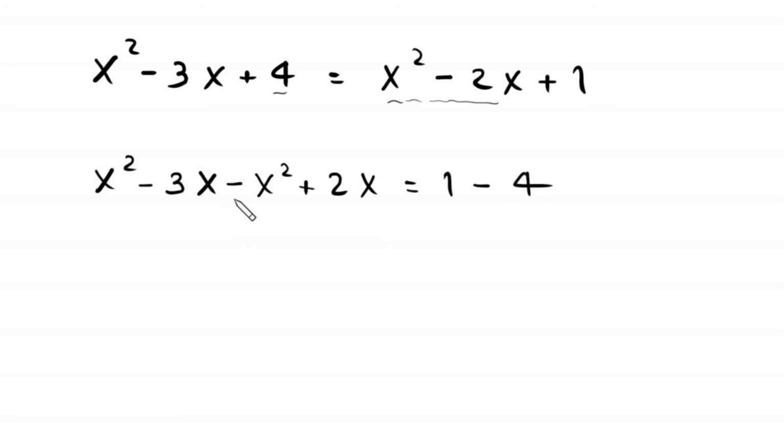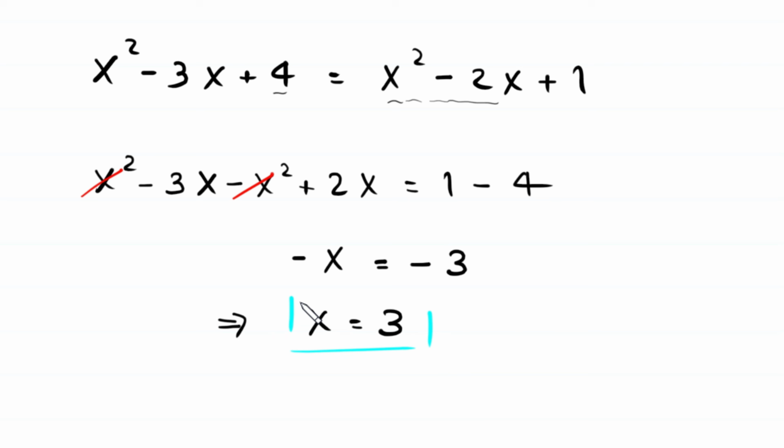This negative x squared will be cancelled out with this positive x squared, and negative 3x plus 2x will become negative x equal to 1 minus 4, which is negative 3. If we divide both sides by negative 1, this implies that x is equal to 3. This is the final value of x. This is the final answer of this problem.